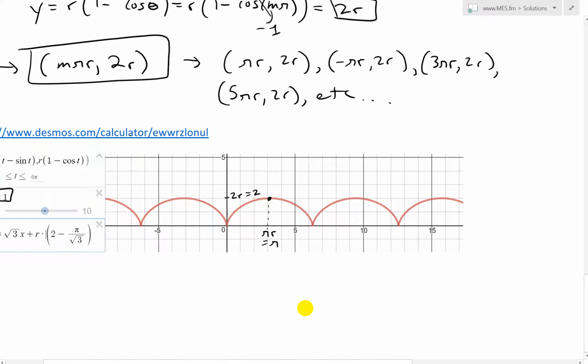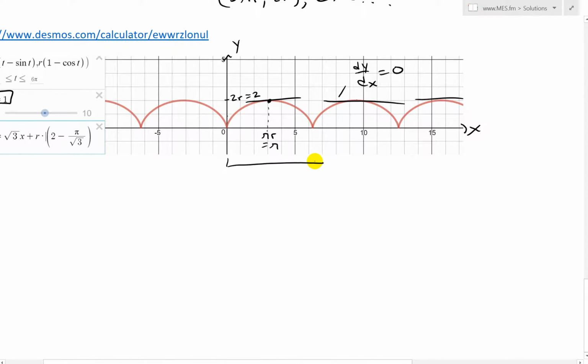As you can see here, it's a flat line, so we expected this anyways. This is at pi r, and then we have a flat line like this, where the derivative dy over dx is equal to 0. This is y, this is x, and this is every 2 pi. Each arch like this is 2 pi distance, because the circle rotates a full circumference, which is 2 pi r, but since r is 1, it's just 2 pi.